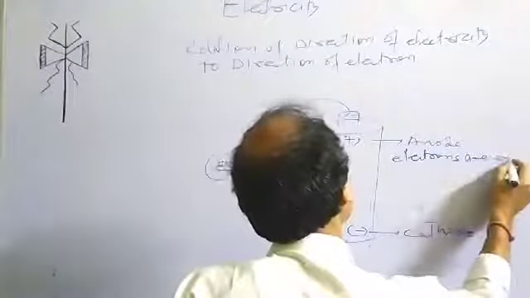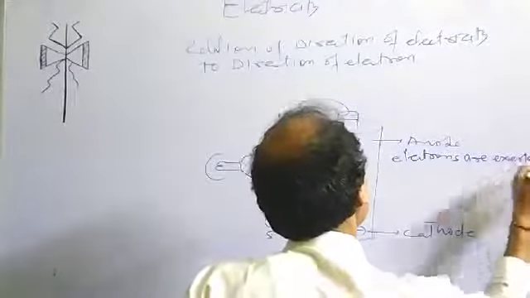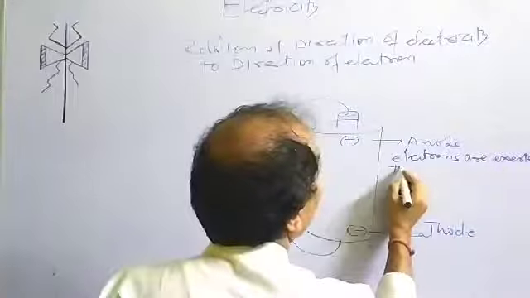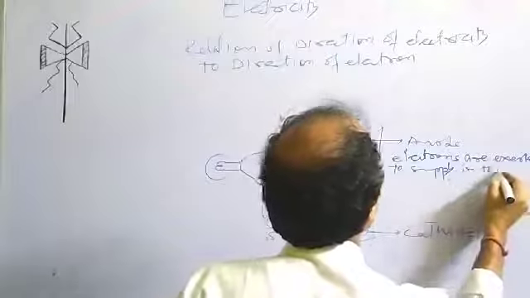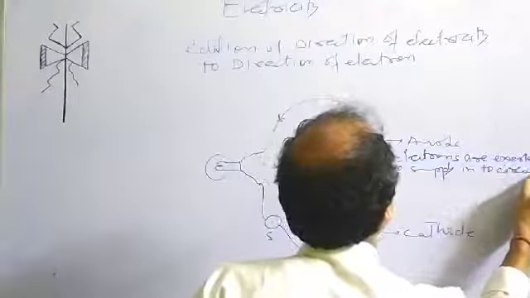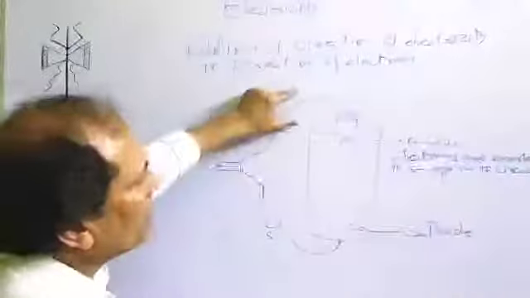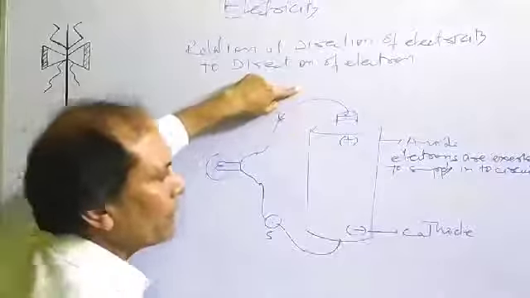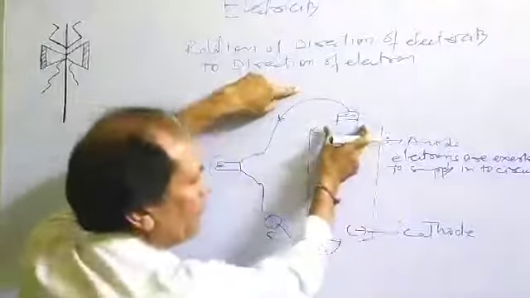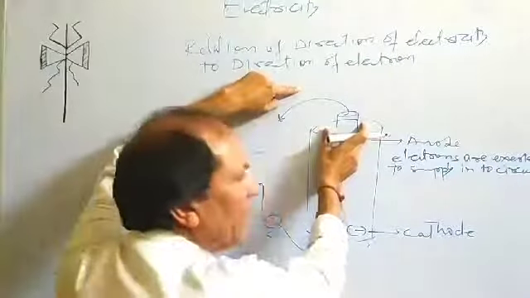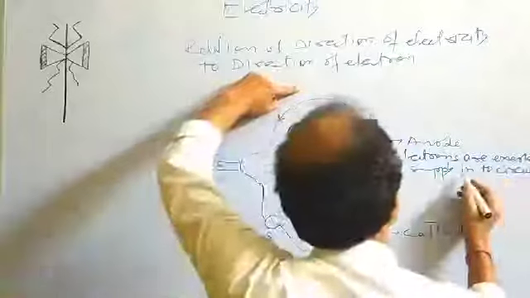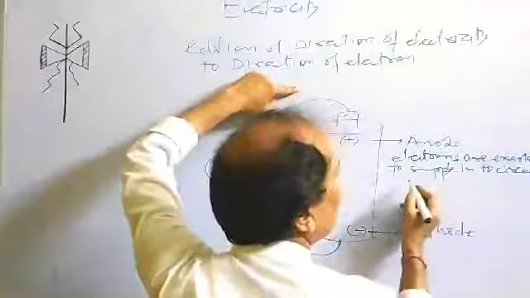Electrons are exerted to supply into the circuit. So when electrons are exerted, the electricity is supplied into the circuit.